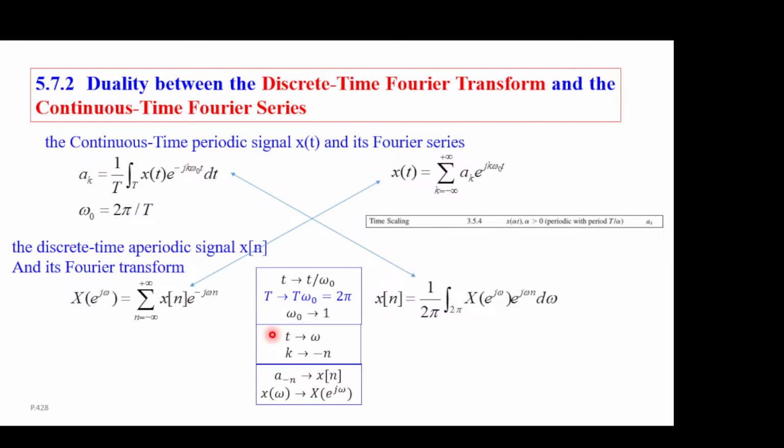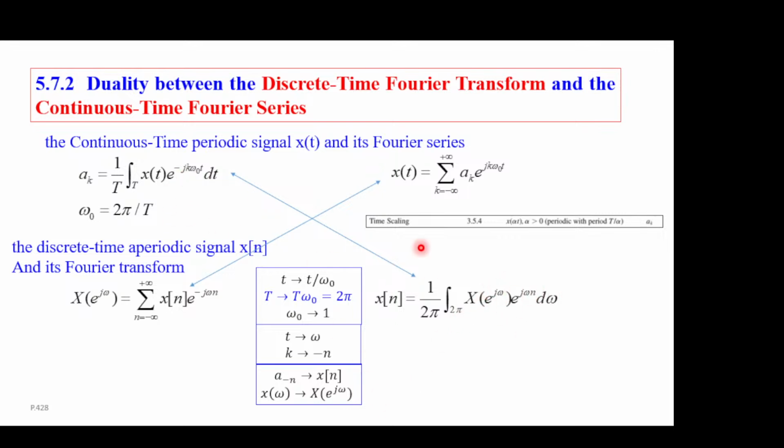So let's check a little. This a sub k will become a sub minus n, and we say a sub minus n is X of n, and this 1 over T, T is 2 pi, so this becomes 1 over 2 pi, and T becomes 2 pi. And x of t, t becomes omega, and x of omega is big X of j omega.